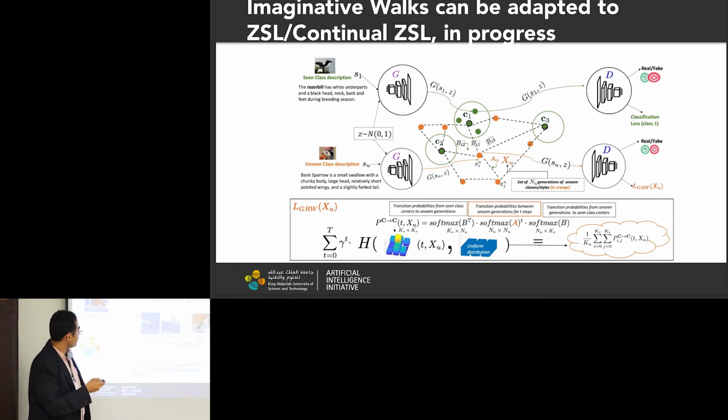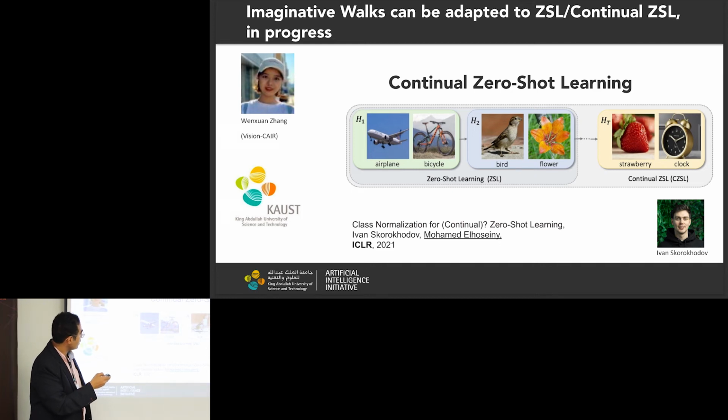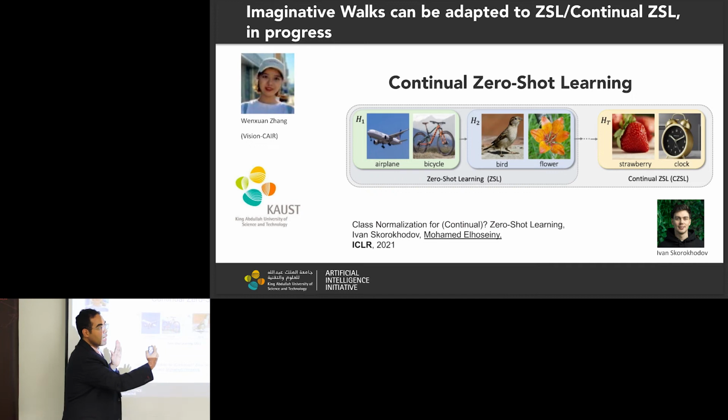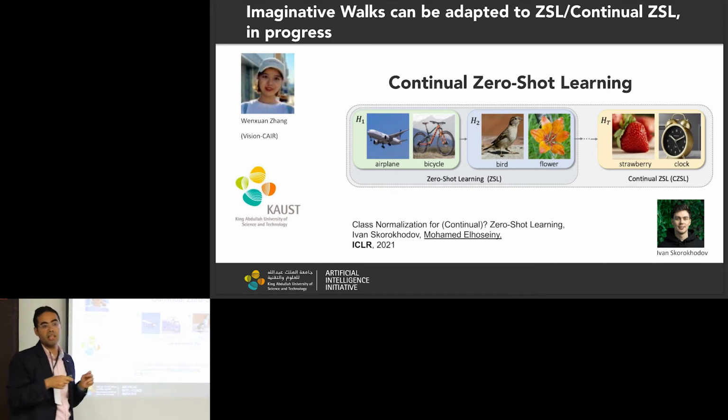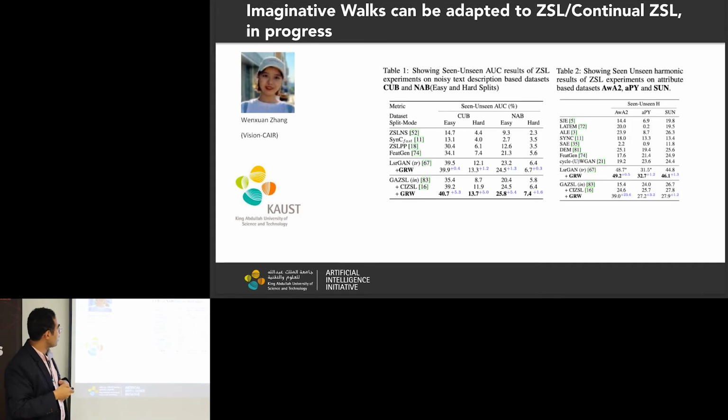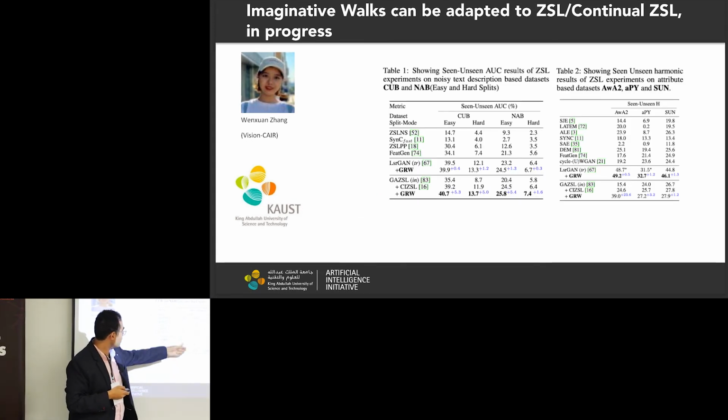And what we found in a zero-shot learning setting, we did this in a more complicated version of zero-shot learning called continual zero-shot learning, where your distribution of seen and unseen classes shifts, dynamically changes over time, but it's zero-shot learning at the end. And the performance improved by a good margin.